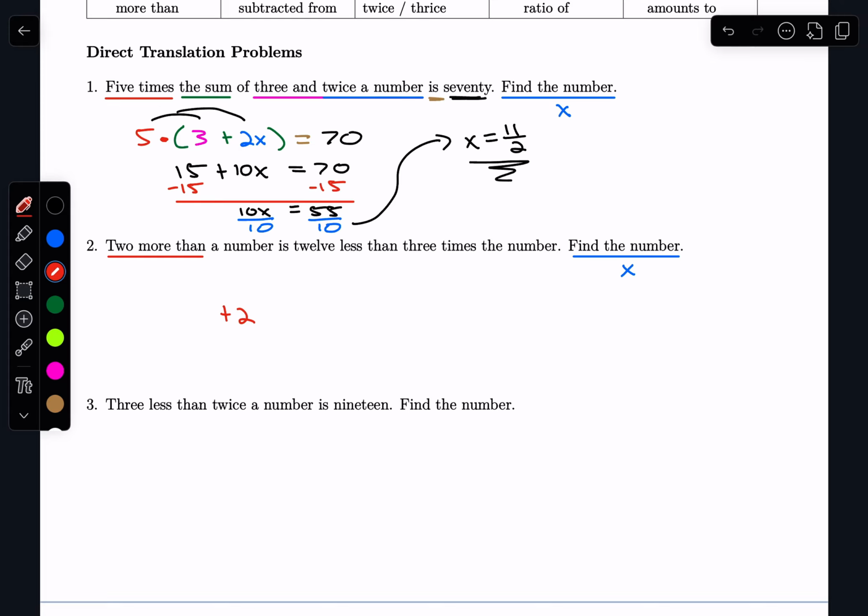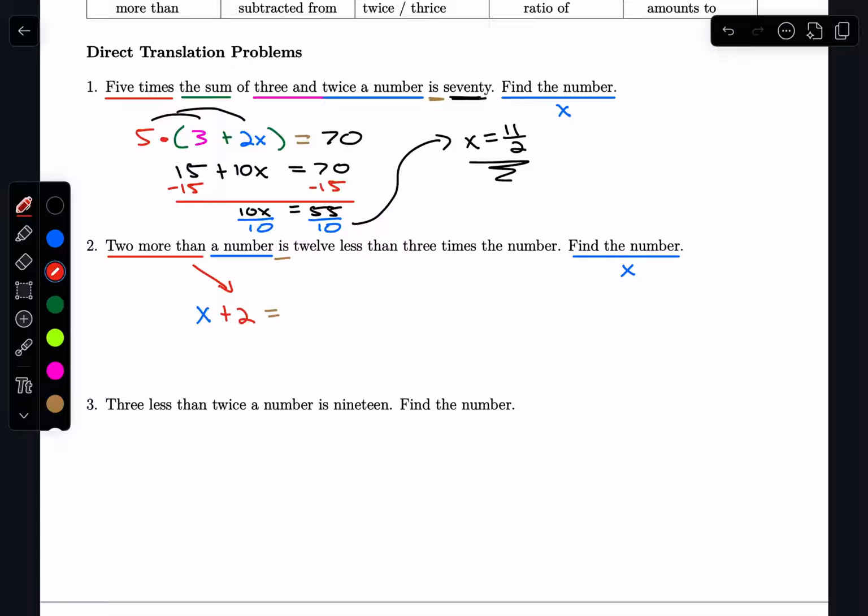So what am I adding 2 to? Well, I'm adding 2 to a number. Okay, so it's 2 more than a number, and that number is x, we said. So this is x plus 2, where notice that 2 more than puts that plus 2 in the back of the number. Okay, then it says is. Is always means equals. And on the other side, we have 12 less than 3 times the number.